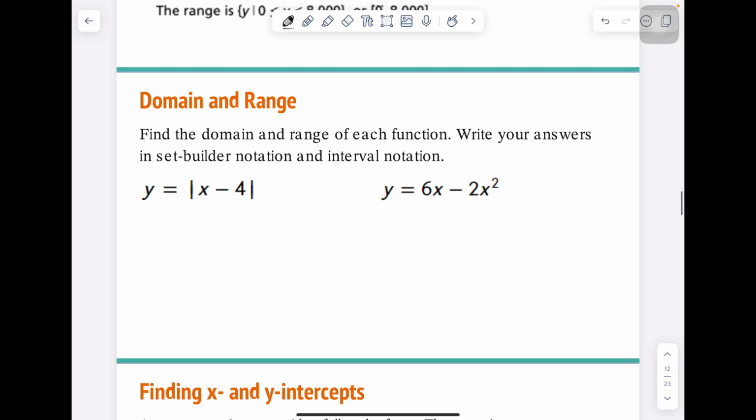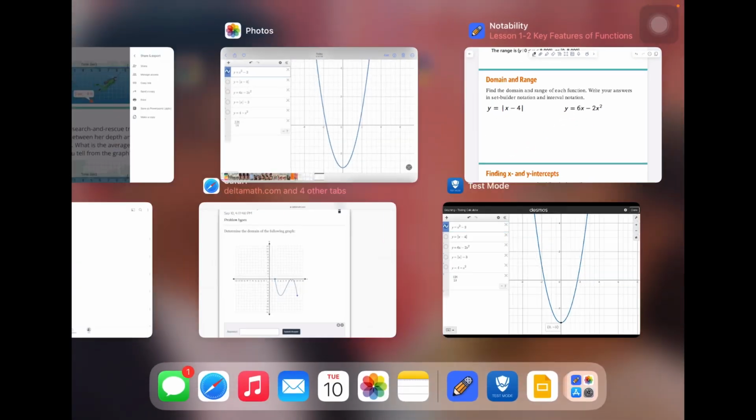So here is y is equal to absolute value of x minus 4.